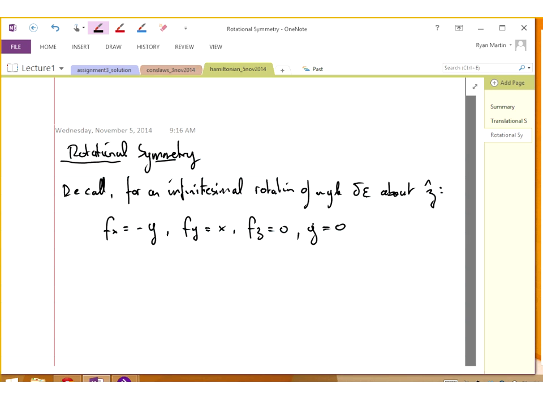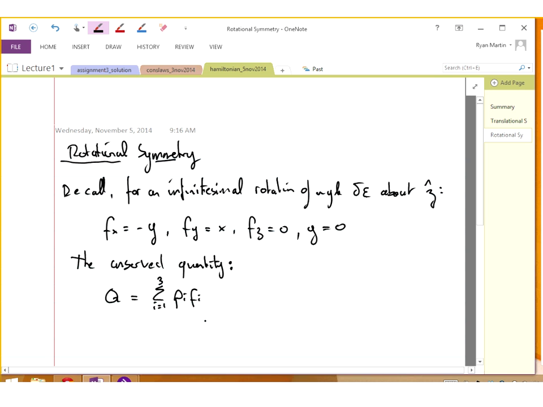Okay. So let's say that the Lagrangian doesn't change when you make this change of coordinates, then the conserved quantity Q is going to be the sum over i equals 1 to 3 of Pi Fi. I'm not going to write the term with the g in it since g is equal to 0.